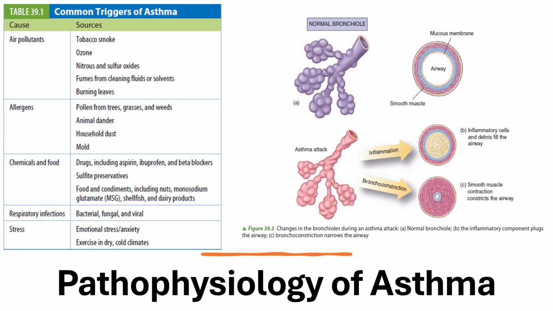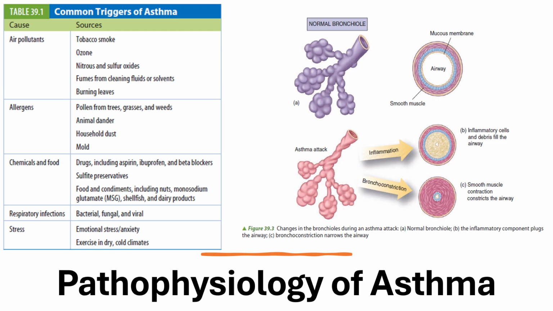The goals of drug therapy are twofold. Number one is to terminate acute bronchospasm in progress, and number two, to reduce the frequency of asthma attacks. Different medications are needed to achieve each of these goals.